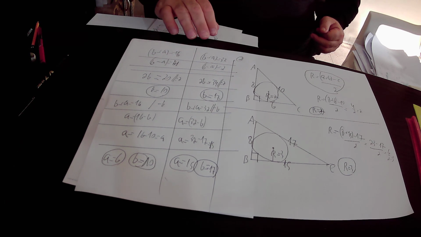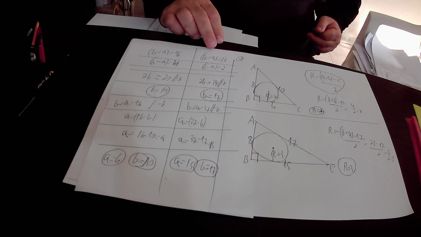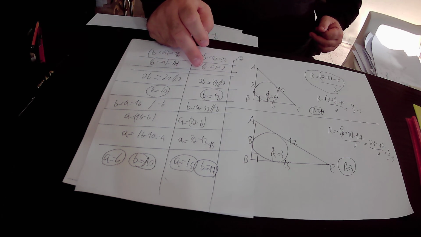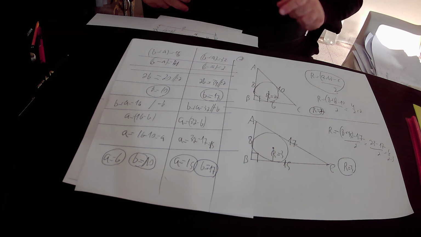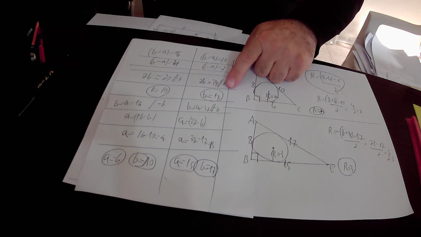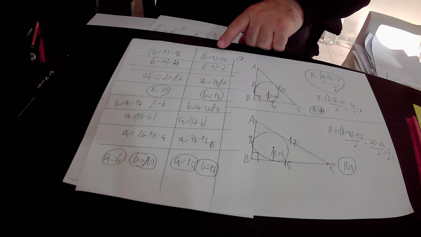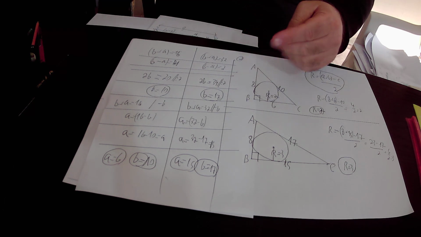Then in the second option we add the two equations together. b plus b is 2b and a minus a is 0, and 32 plus 2 is 34. So 2b equals 34. We divided this equation by 2 and found out that b equals 34 over 2, that is 17. So b equals 17, and according to this equation, b plus a equals 32.